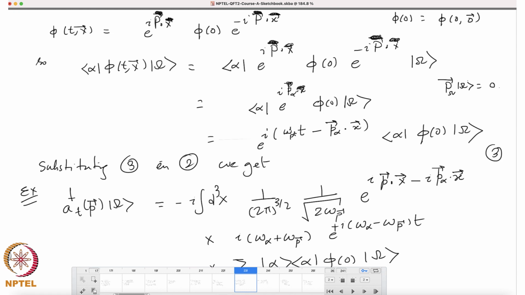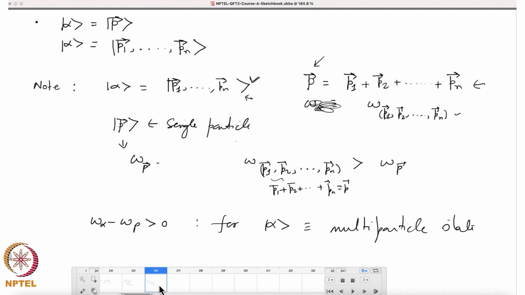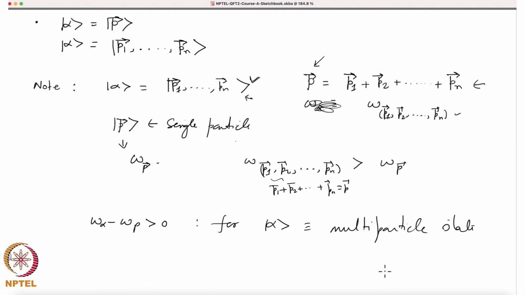So omega alpha came with the plus i. It should be coming with a plus i, not with a minus i. So that was a mistake, and that was creating trouble for me. Now this should be fine. Good.